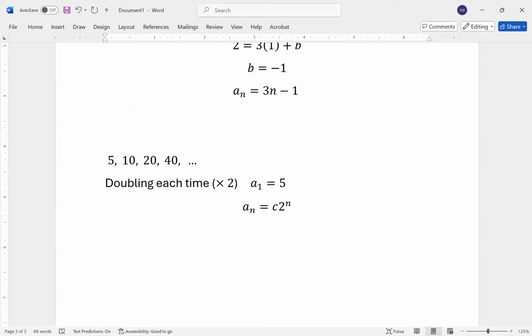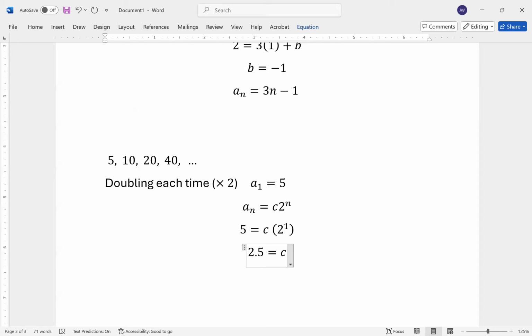I know a sub 1 is 5, so that means when I plug in a 1, 5 is equal to C times 2, which means C is 5 halves or 2.5.